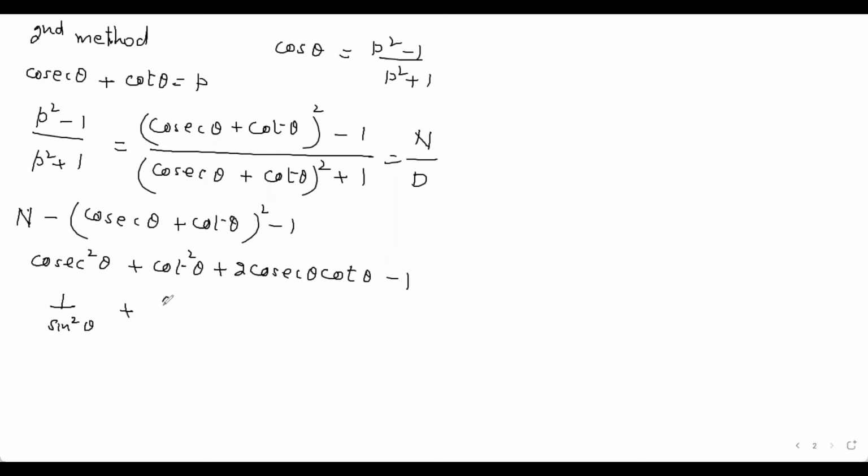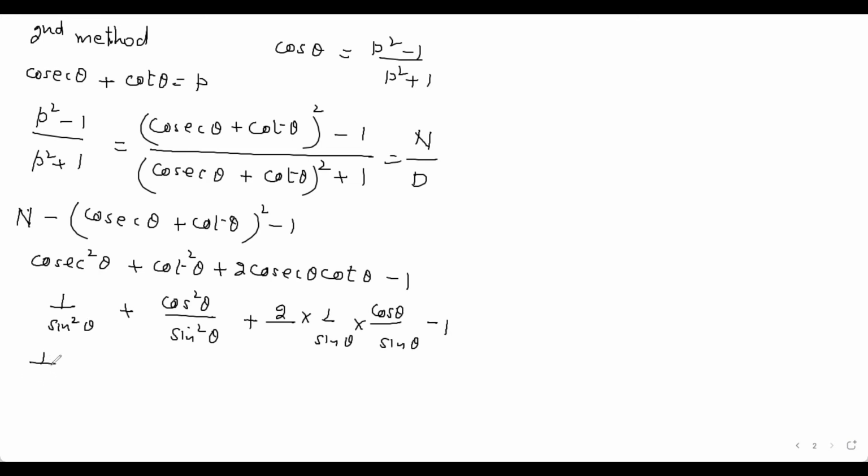Cot square theta can be written as cos square theta upon sine square theta, plus 2 into 1 over sine theta into cos theta upon sine theta, minus 1.